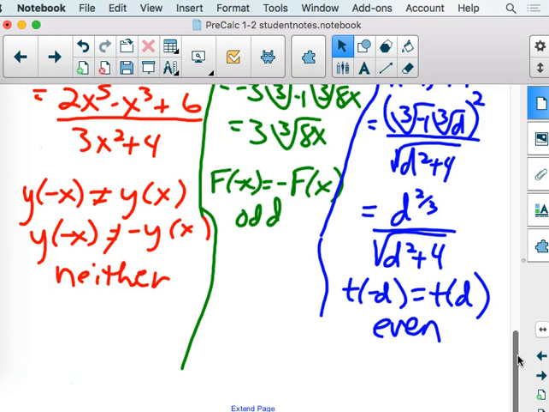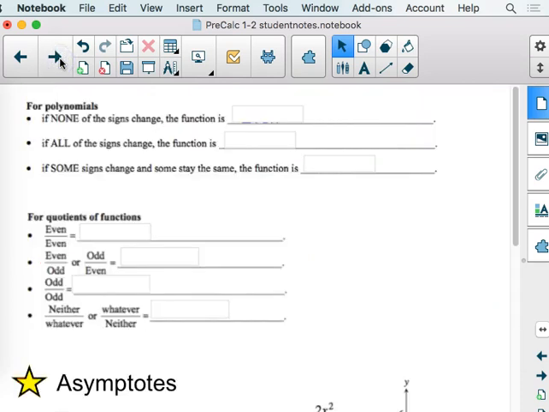Now, there's even another. How do you feel about those? Just even, odd. Okay. So for some people it's coming back from last week, and for others it'll take a little bit. So certain things we know. We know none of the signs change after you put a negative x in there.